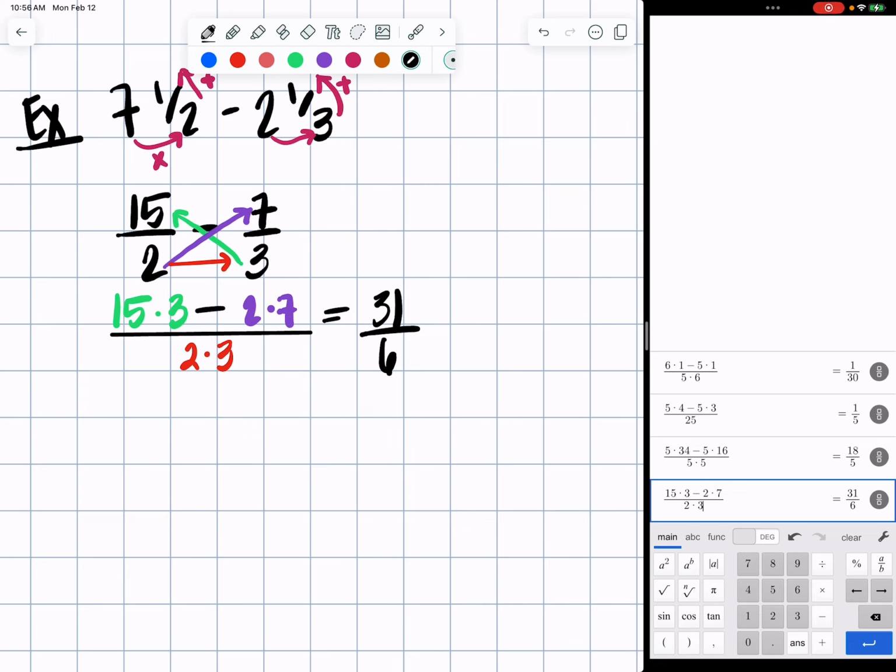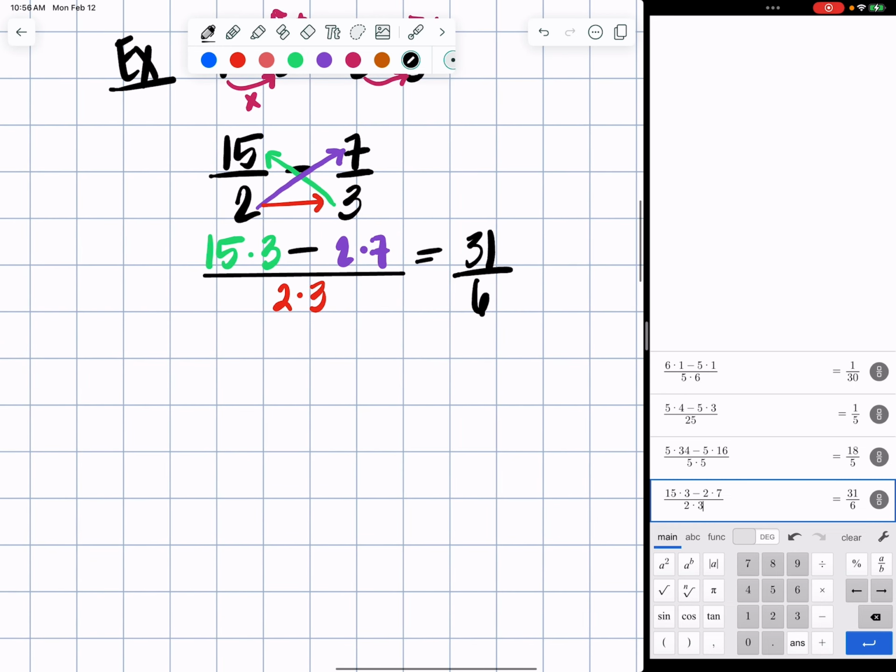Now, if the question says that an improper fraction is fine, you're done. But to give you one more where we go through converting that to a mixed number, that's where we're going to go with this. So I'm going to do 31 divided by 6. And we're going to do old school.